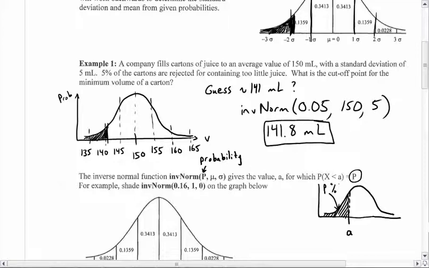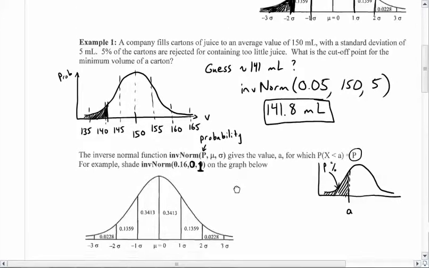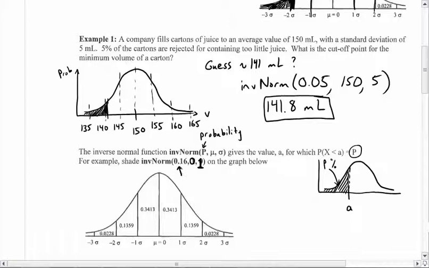So for example, if you want to shade inverse normal 0.16, the mean should be 0 for the standard normal, and the standard deviation should be 1. What this means is that we want to know where from negative infinity is 16% of the data.